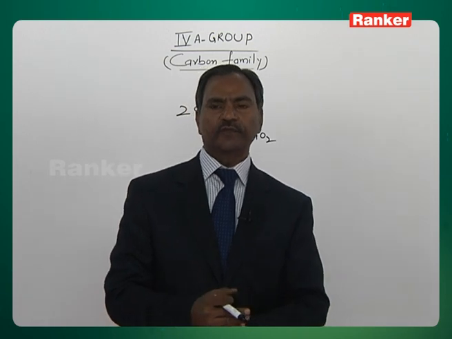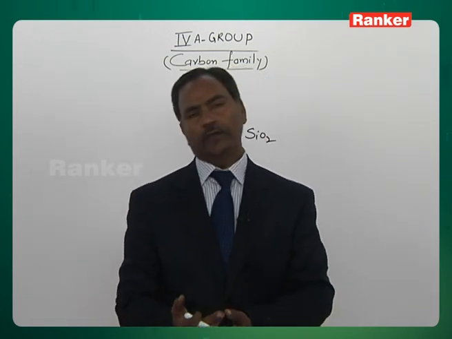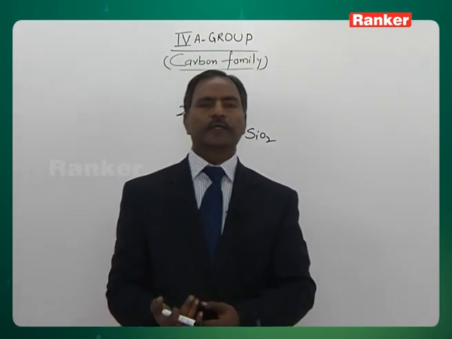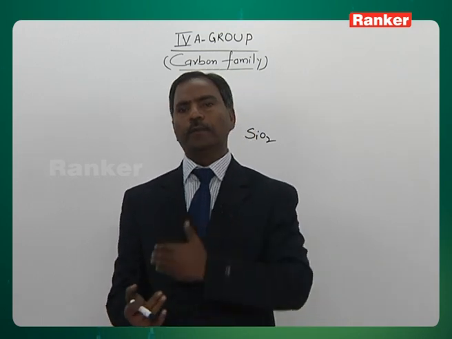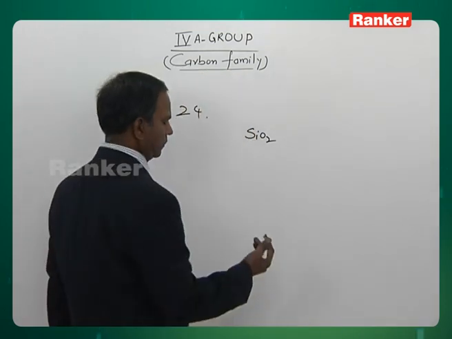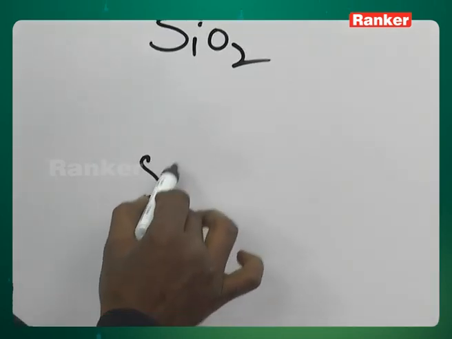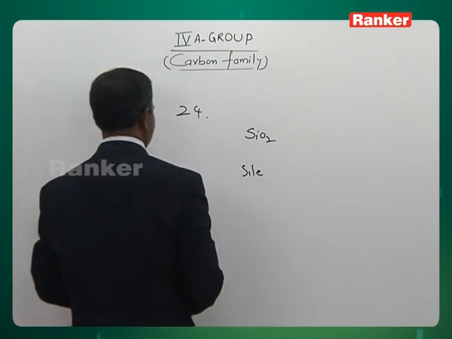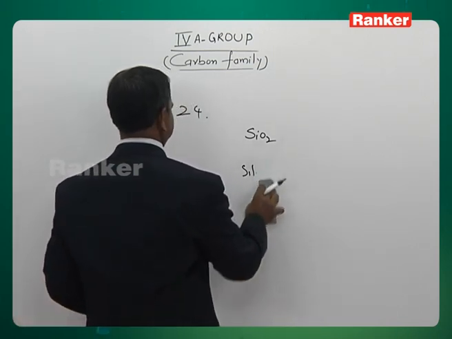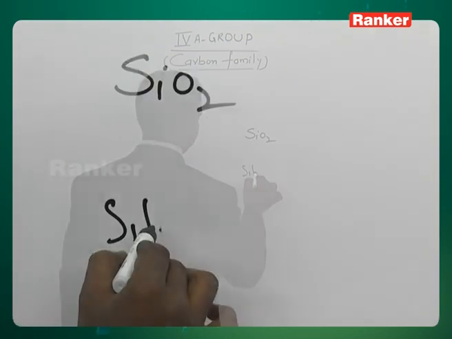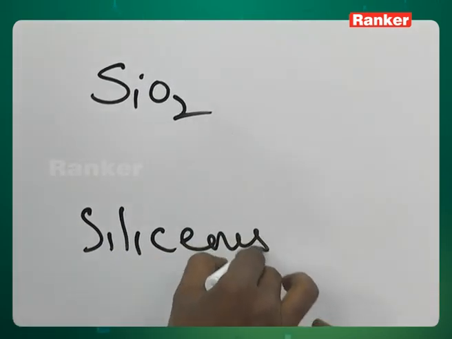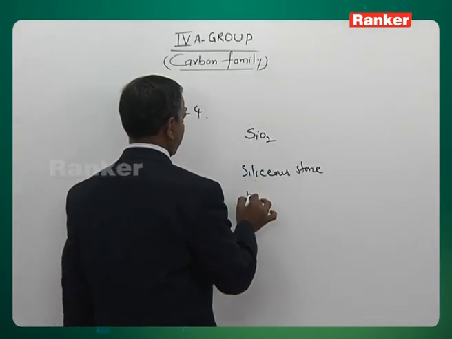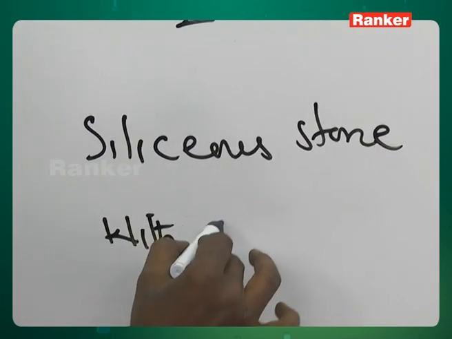Coming to sandstone, whatever sand we are getting, sand is nothing but silica, SiO2, we agree, but the sand carries many impurities. Kieselguhr is actually a siliceous stone with some sea insects.